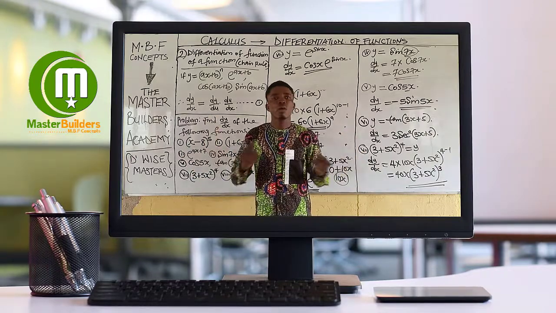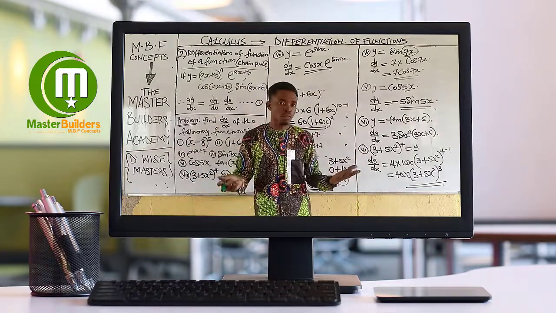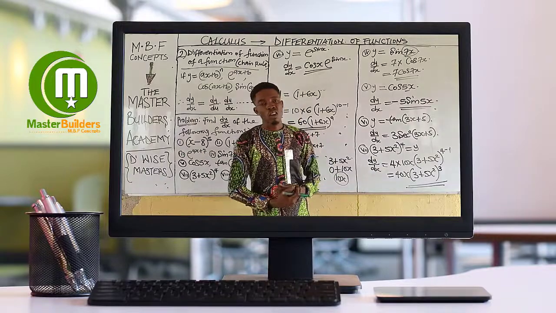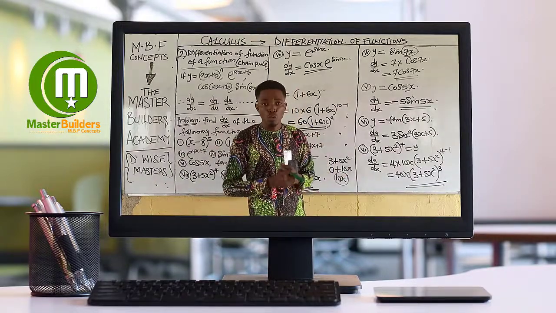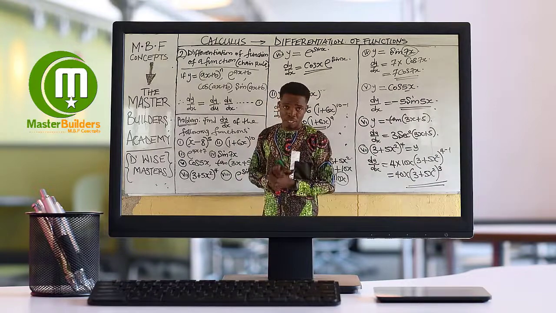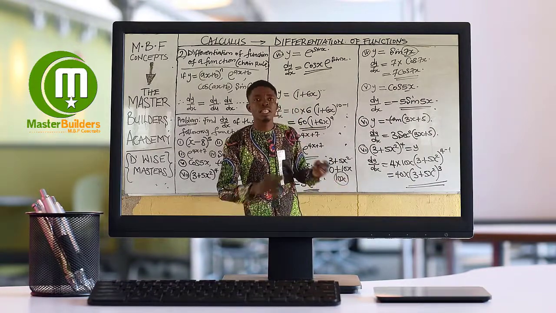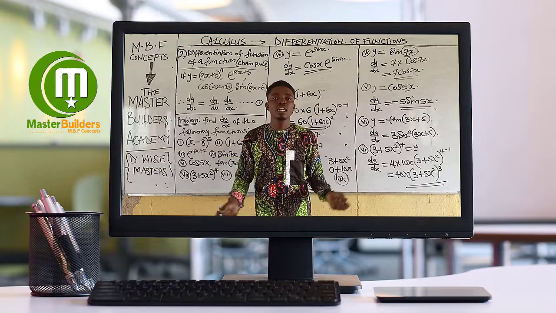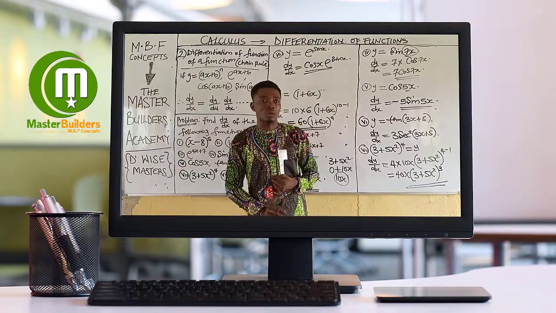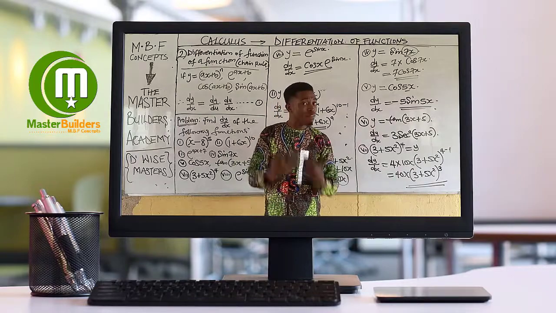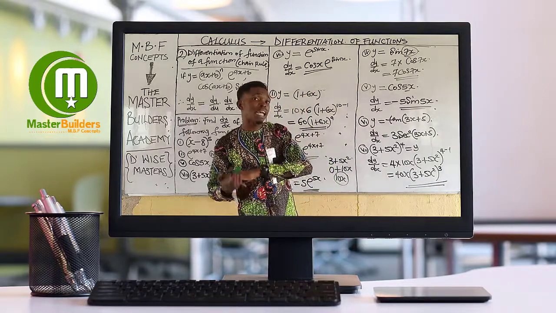That's all. Then when you are now dealing with a trig function, for instance, sine, cos, or tan, or any of the trig identities, all you need to do is to identify the function of x. When you identify the function of x, differentiate it. Put it down, then differentiate the trig function that you have. If you are given sine, when you differentiate sine, you have cos. And if you are given cos, when you differentiate cos, you have negative sine.